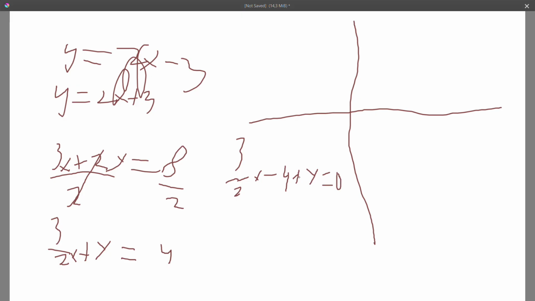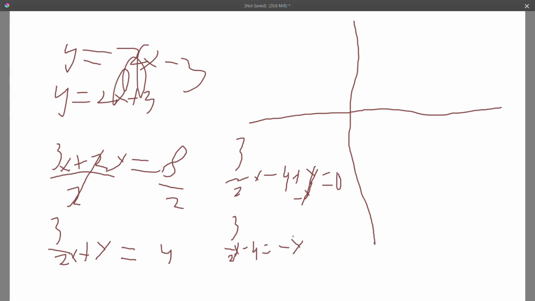So I could change some other stuff around. I could minus y on both sides. So minus y here, minus y. The y's cancel out. And we also have to minus y on the other side. So we're left with 3 over 2x minus 4 is equal to minus y.